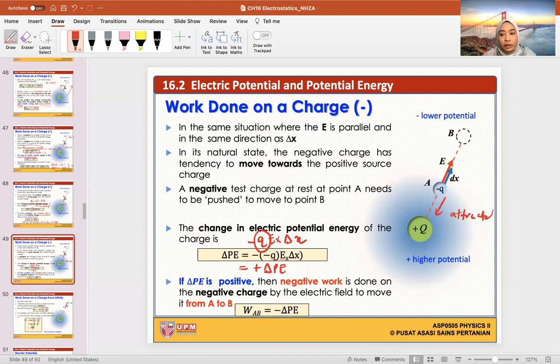But let's focus on when E and displacement are in the same direction and only the charge is negative. When the charge is negative, we just substitute the negative charge into our equation. We get a positive PE. If PE is positive, then negative work is done on the negative charge by the electric field to move it from A to B.